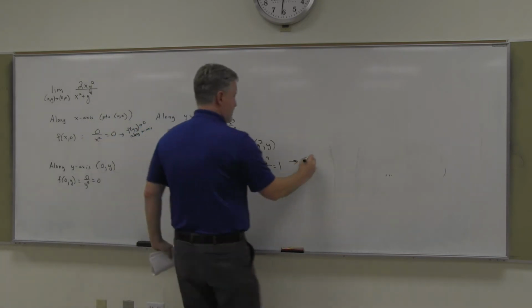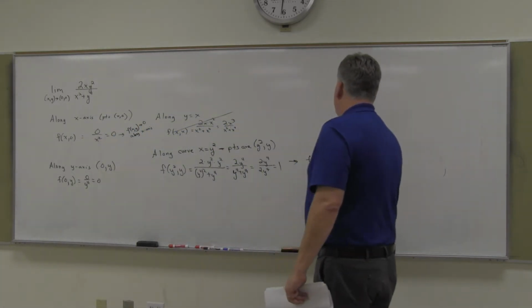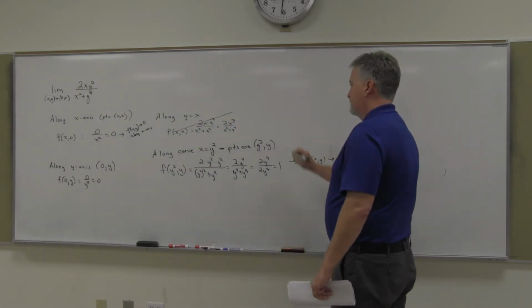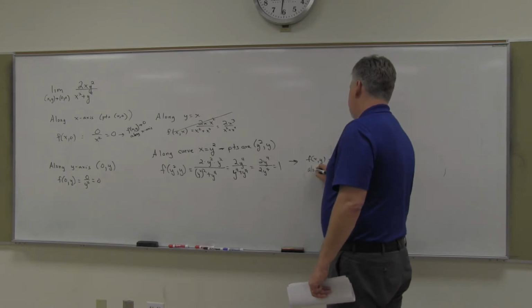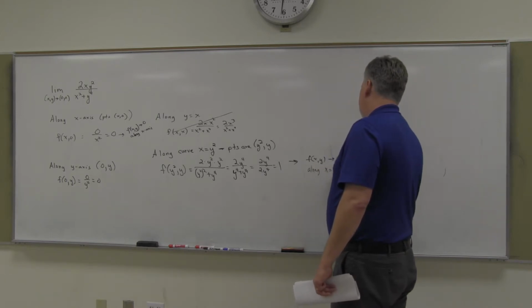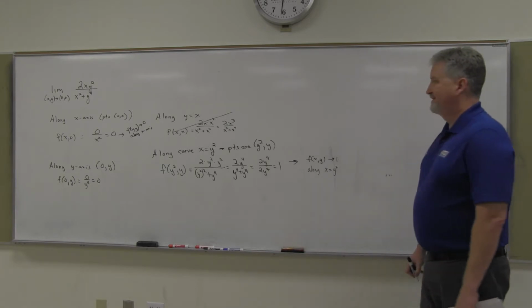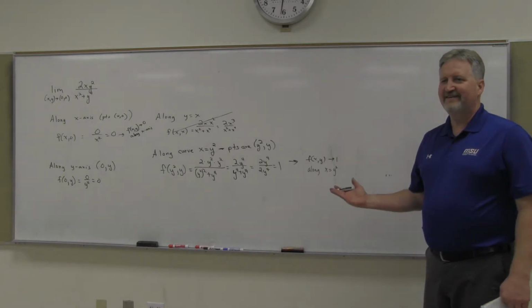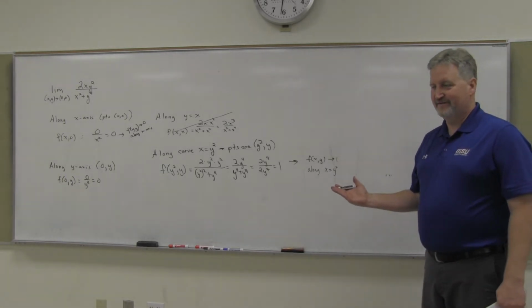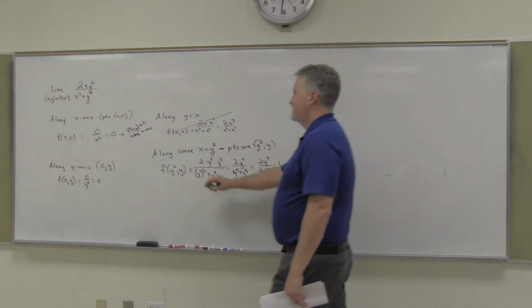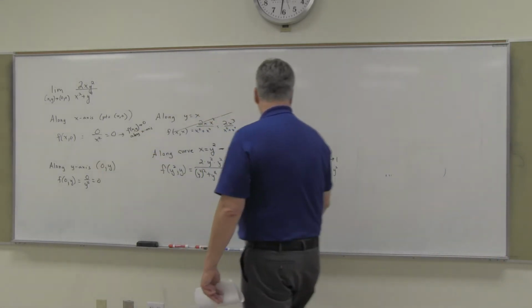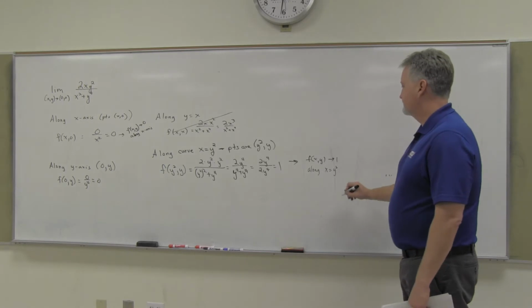This one shows me f of x, y is going to go to 1 along the curve x equals y squared. 2 different values. Therefore, the limit does not exist.